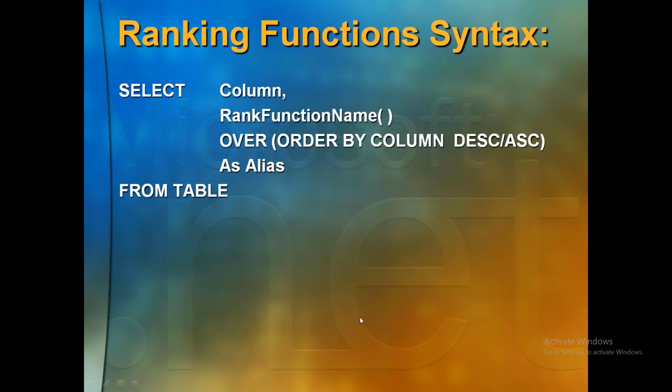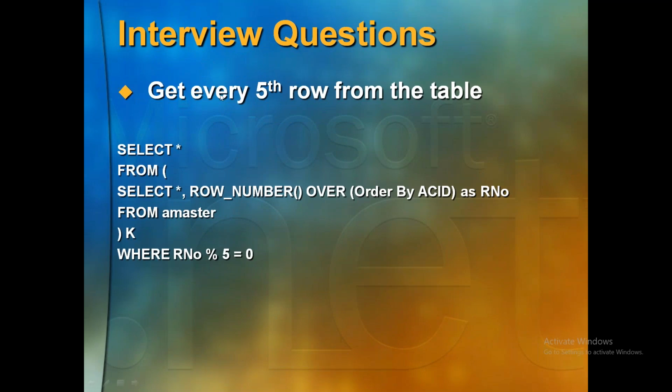Okay. So in one of the interviews, they asked this question. I wanted to get every fifth row from the table. Okay, they said not 1, 2, 3, 4, every fifth row. Then you need to say row number mod 5 is equals to 0. So this will give you every fifth row from the table.